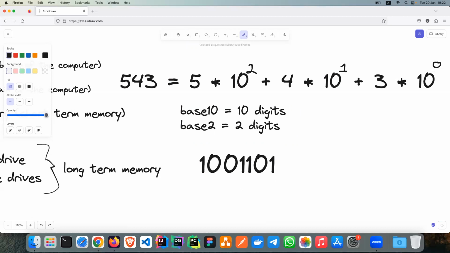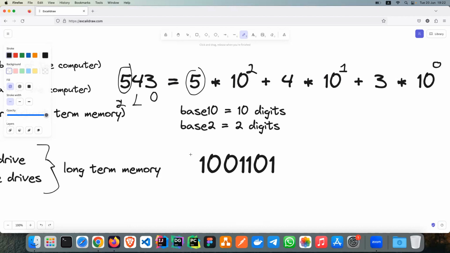We have 10 to the power of 0, 10 to the power of 1, and 10 to the power of 2, and we multiply each digit by the power in its place. We start counting from right to left, and we multiply, for example, 5 by 10 to the power of 2, 4 by 10 to the power of 1, and 3 by 10 to the power of 0.